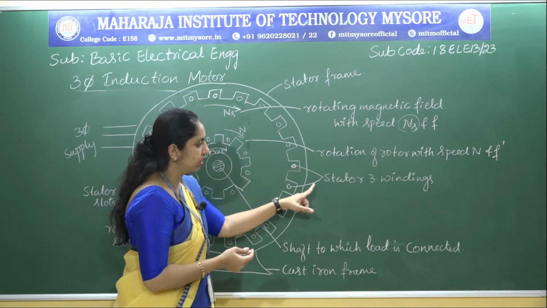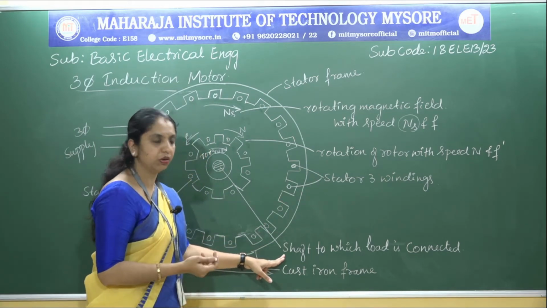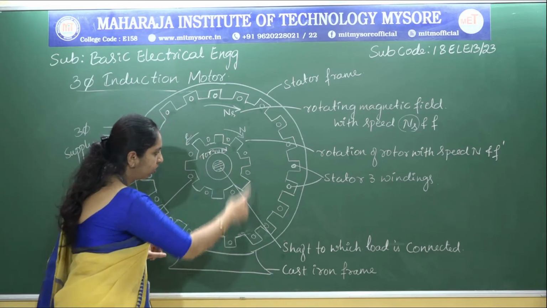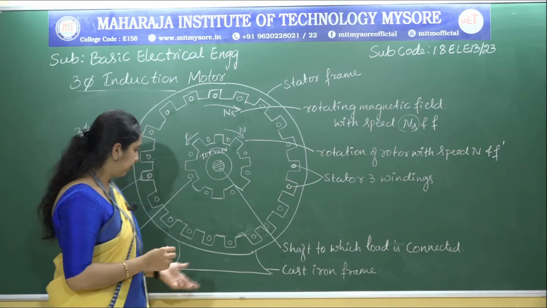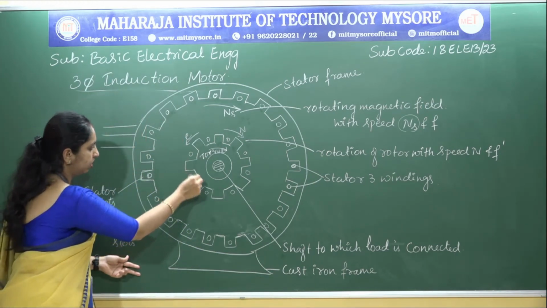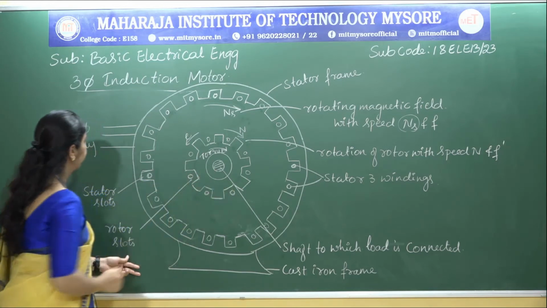This is the stator with 3 windings, and the shaft to which the mechanical load can be connected. The whole rotor is placed on the cast iron frame, and these are the rotor slots, where we can accommodate the conductors.